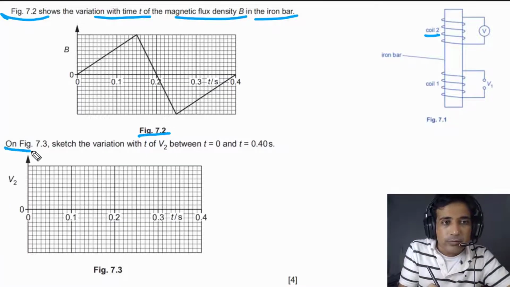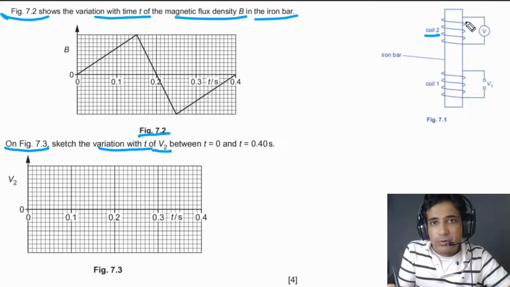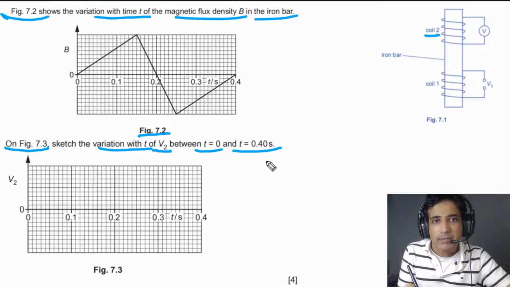For this question on figure 7.3, we need to sketch the variation with time t of V2, means the EMF induced across terminals of coil 2 between time t is equal to 0 and time t is equal to 0.40 seconds. First of all, let's try to understand this one with the help of induced EMF.